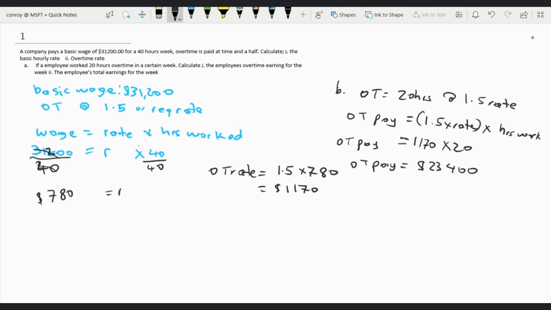We're also asked to calculate the employee's total earning. So writing right here now, your net salary is equal to basic wage plus our OT pay.